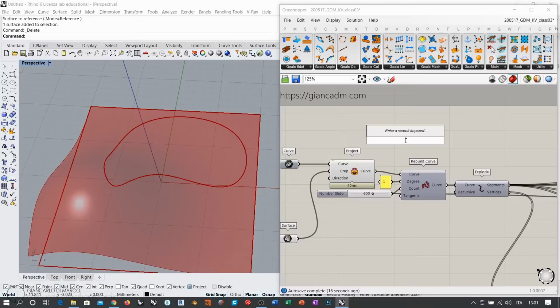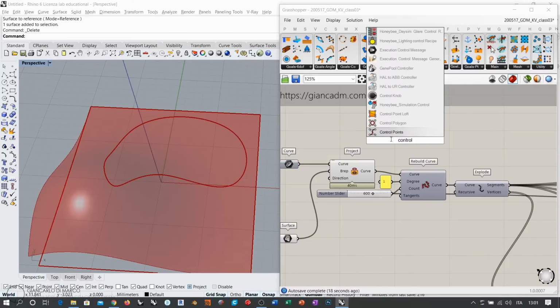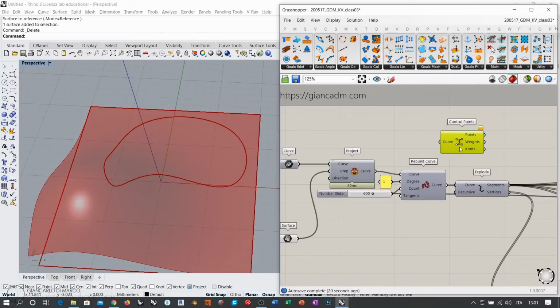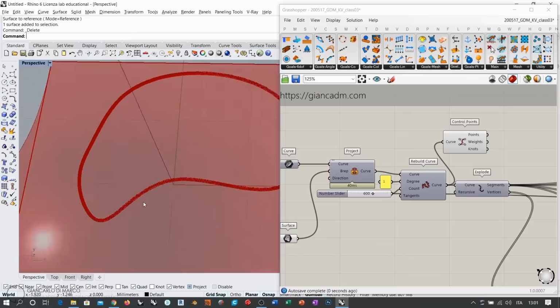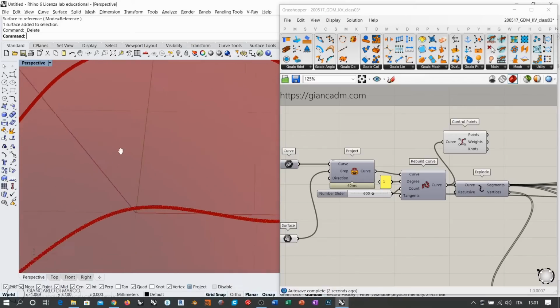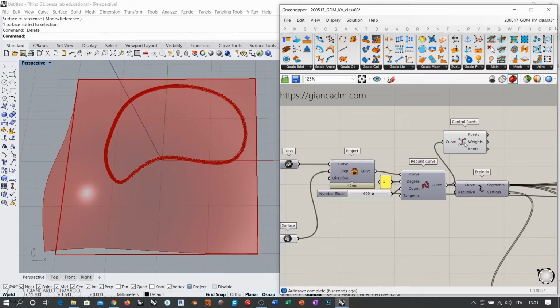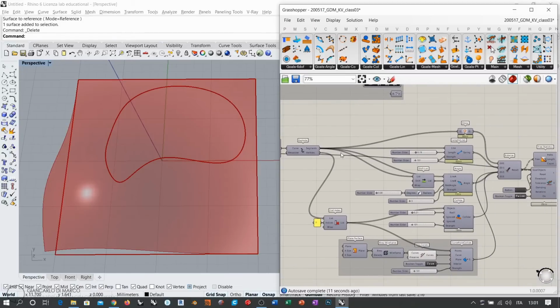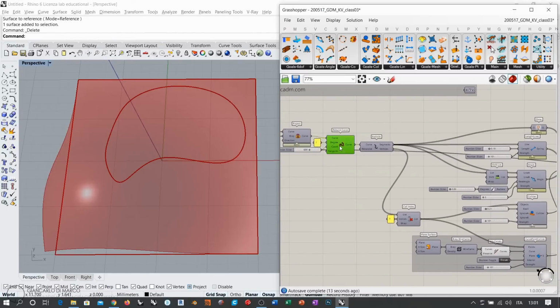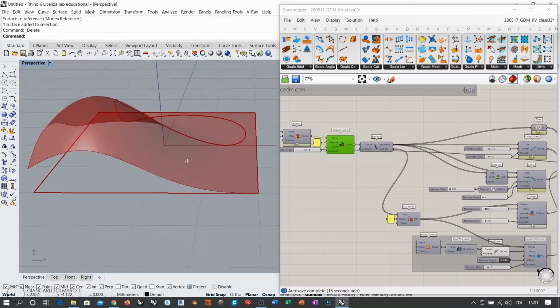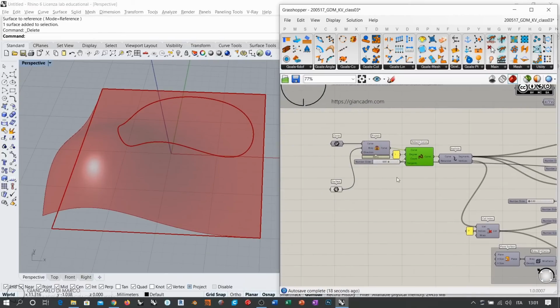So if I take a look now at the control points of my rebuilt curve, they are evenly distributed along the path. Even if they are hundreds, it doesn't matter. We have a more regular topology. Okay. So this is actually the curve that we are going to use. It is already projected on this surface.